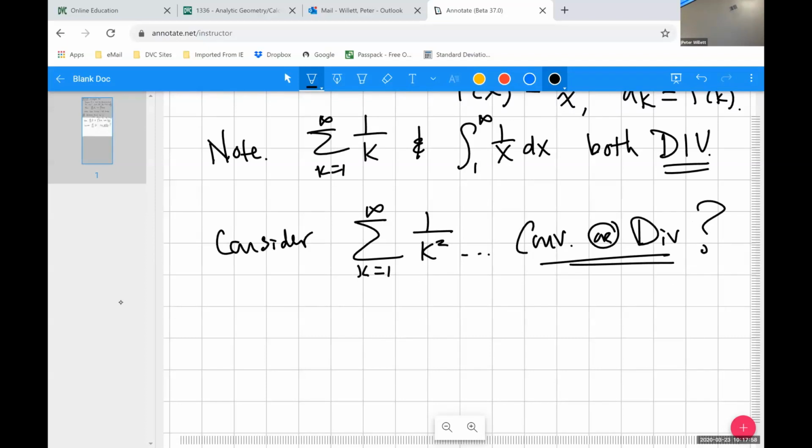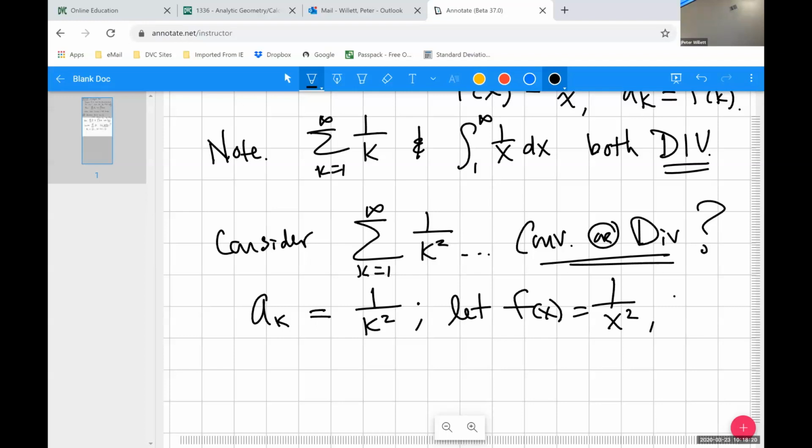So a sub k equals 1 over k squared. So if we let f of x equal 1 over x squared, then a sub k is equal to f of k for every value of k in the natural numbers.